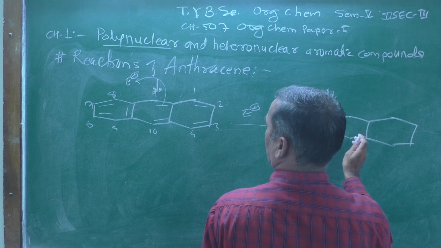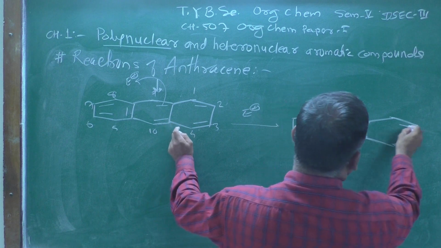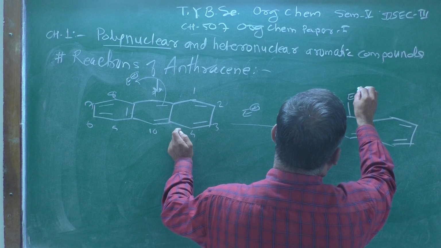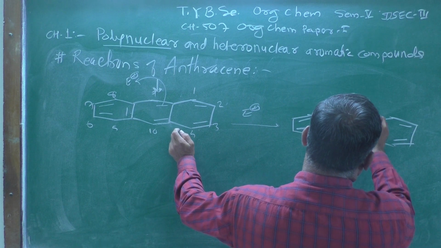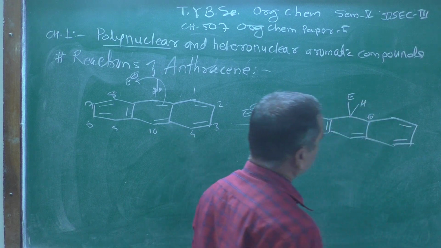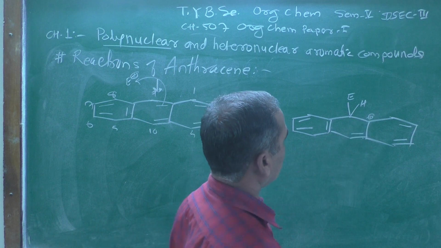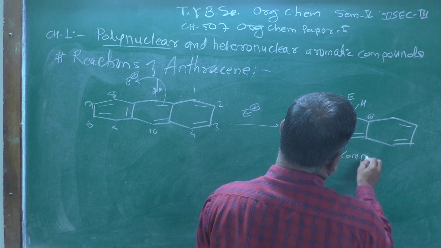This is a bond over here, other bonds remain as they are. Now the electrophile is attacking here, and there is a positive charge over there, which is a sigma complex.